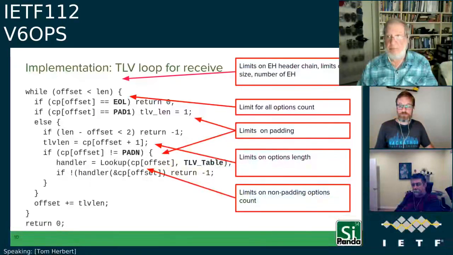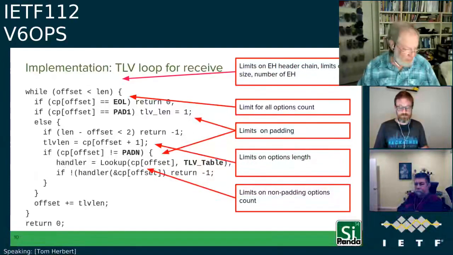There would be limits on padding, so we have to consider both pad 1 and pad N. There would be limits on option length that would be applied when we have a variable length option. And then we also want to consider limits on non-padding options. So if you put this in, basically what it results in is more conditionals in the data path.